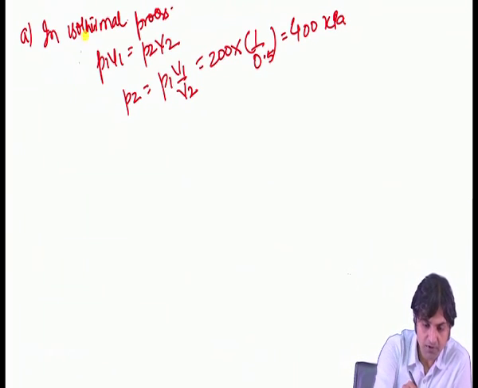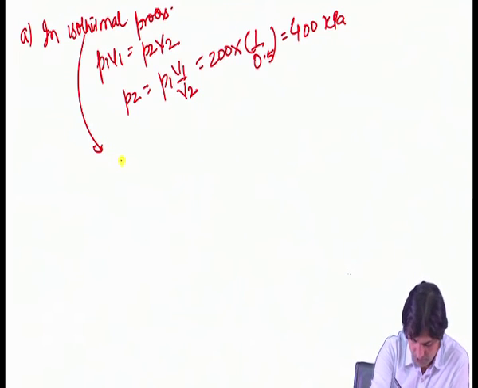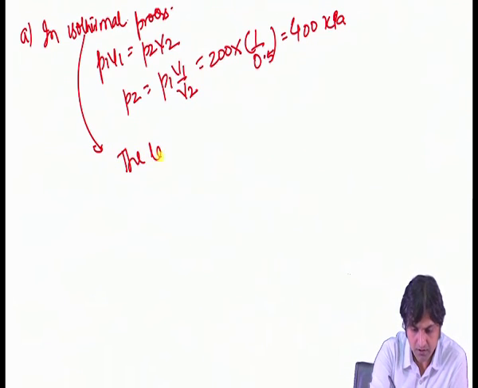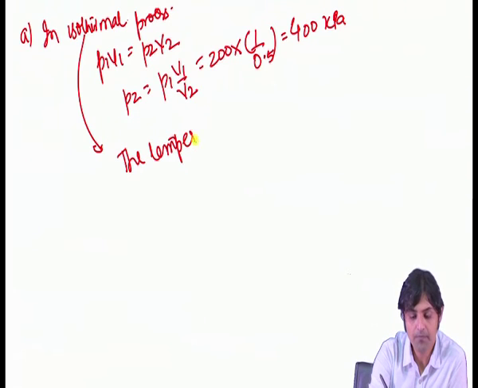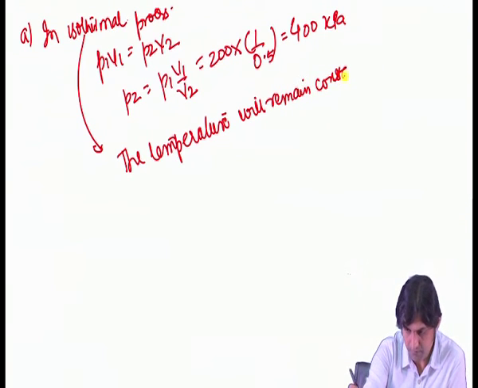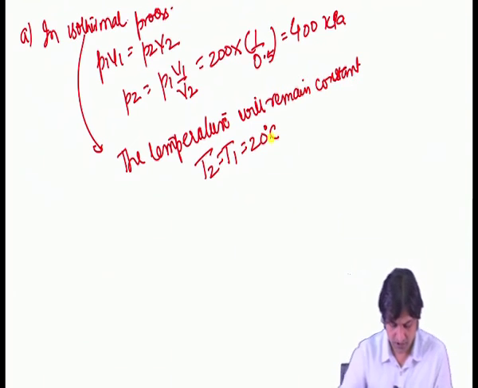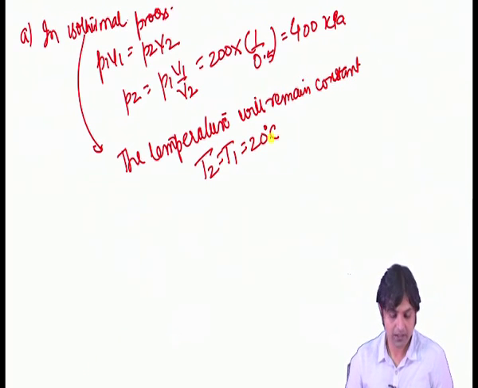Because this is isothermal process, temperature will remain constant. And therefore T2 is equal to T1 is equal to 20 degrees centigrade, right?